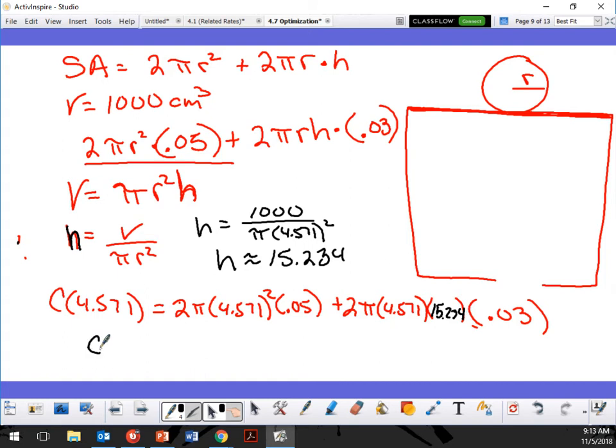So my cost, if I plug it in right, is 19.6898, so 19.69. Yeah, exactly.